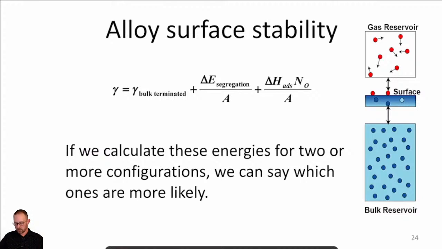All right, so I want to switch now and talk about alloy surface stability as an application to show you how we use this. The idea is that we have a bulk alloy surface here, and the surface can exchange with the bulk. So it can take a surface atom and exchange with a bulk atom, and we can also consider adsorption. Whether or not these are favorable mostly depends on whether we lower the energy or not, and that's what we want to calculate.